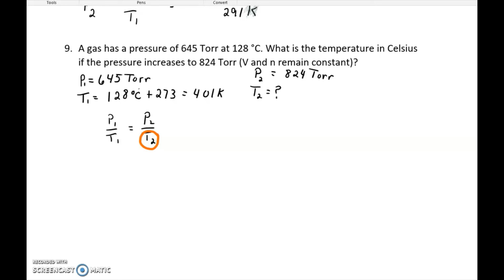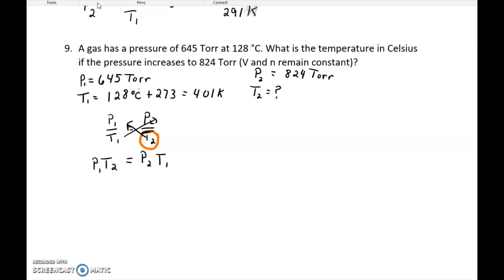That's going to make it really hard for us to solve for it unless we cross multiply. So if we cross multiply, we'll get pressure 1 times temperature 2 is equal to pressure 2 times temperature 1. So I've just cross multiplied.